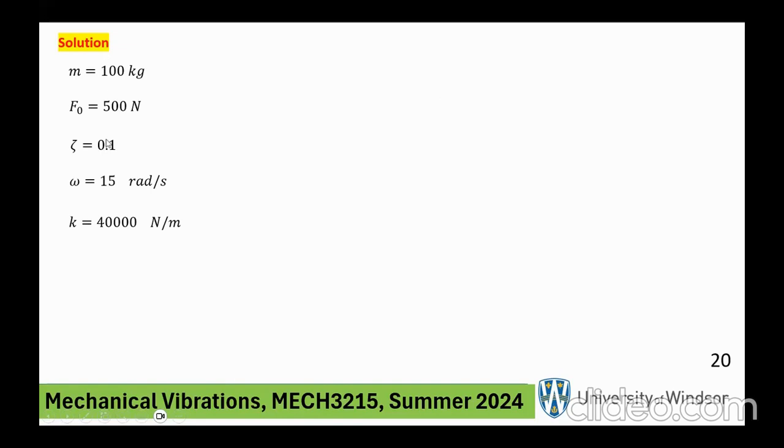That is the data that was given to us. Mass of the roof, or the top of the table if you want, amplitude of the harmonic force applied, the damping ratio somehow arrived at by experimentation or otherwise. This is the driving frequency, and this is the stiffness of the structure. So let's find the natural frequency, square root of k over m.